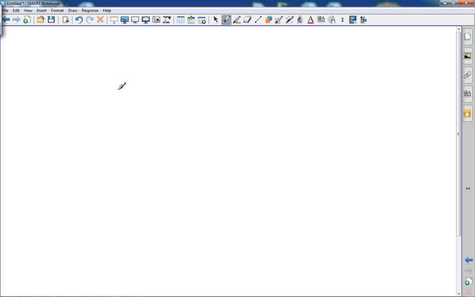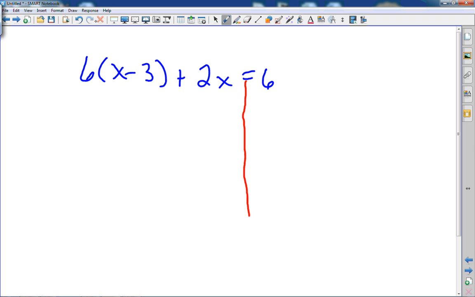Next one, 6 times x minus 3 plus 2x equals 6. Draw my line straight down. I'm going to do the distributive property, but you're only going to multiply what's inside the parentheses here. This 2x is not inside it, so you got to leave that alone. 6 times x is 6x. 6 times negative 3 is negative 18. This right here is not in the parentheses, so you just bring it down here, and it equals 6.